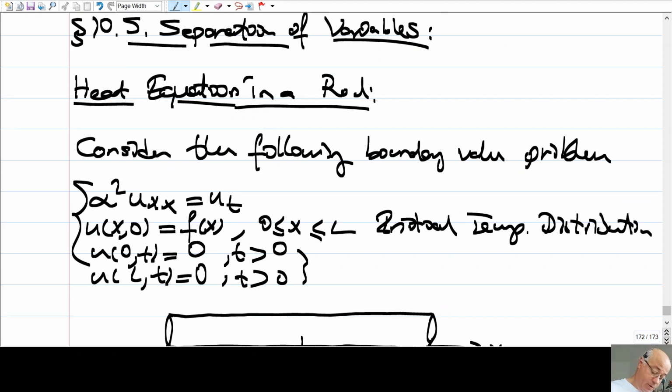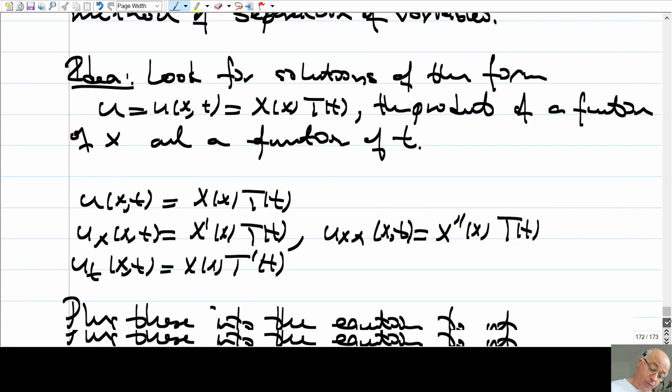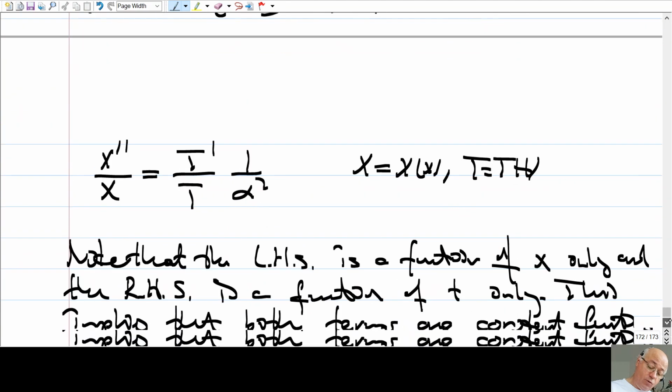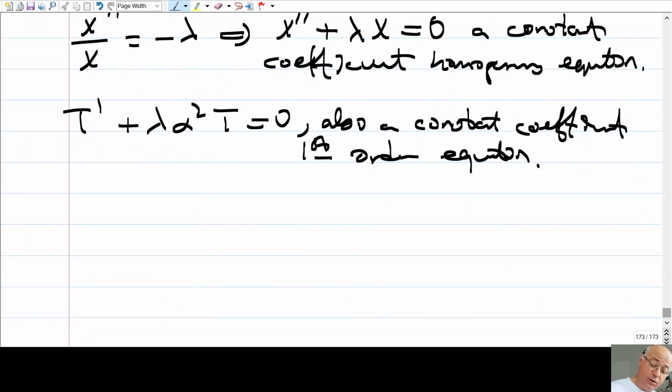Okay, I had these two conditions: u of 0, t is equal to 0 and u of L, t is equal to 0. What about boundary conditions?